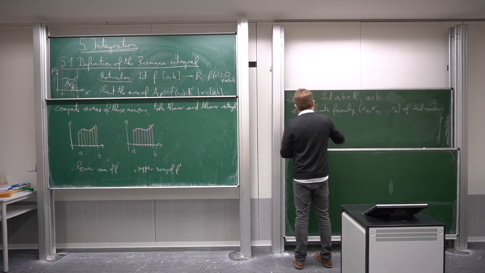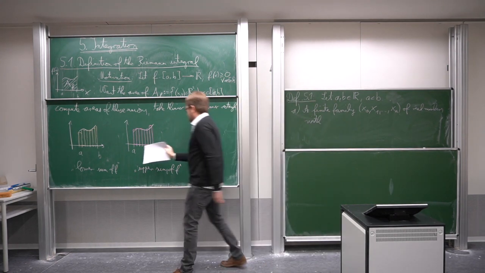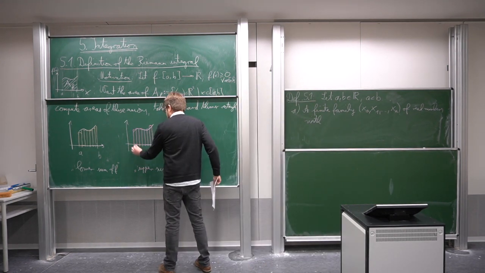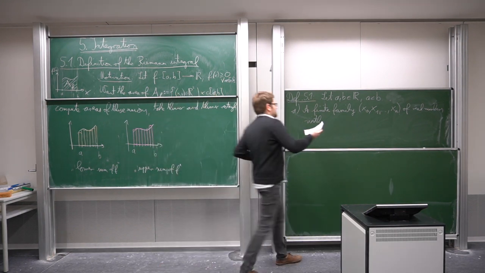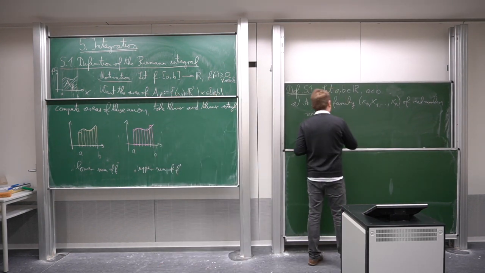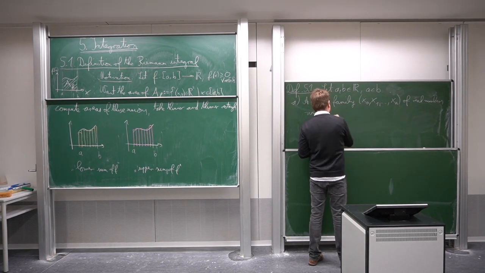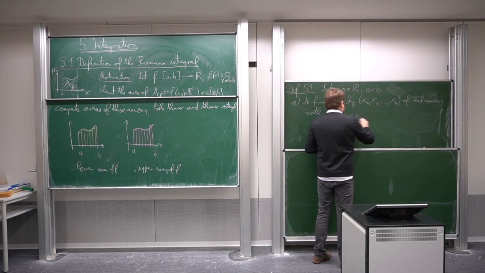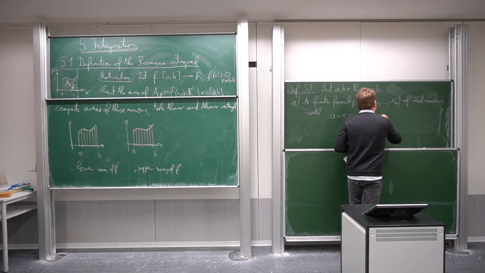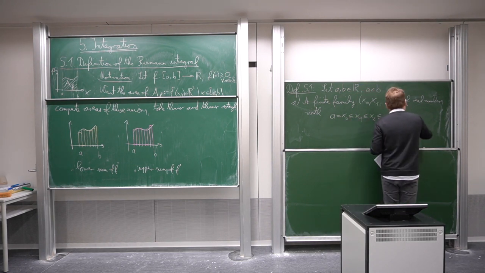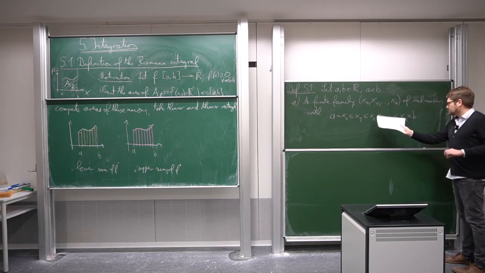These should be the positions of the long sides of the rectangles, these white marks that I put in here. So these should be encoded by such numbers. We want that they lie between a and b, and we want an ordering. We want that a is equal to x0, and that x1 is bigger than or equal to x0, that x2 is bigger than or equal to x1, and so on, until xn, and xn is supposed to be b. So these are some positions between a and b.